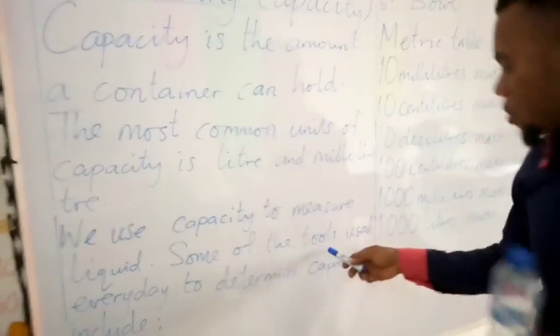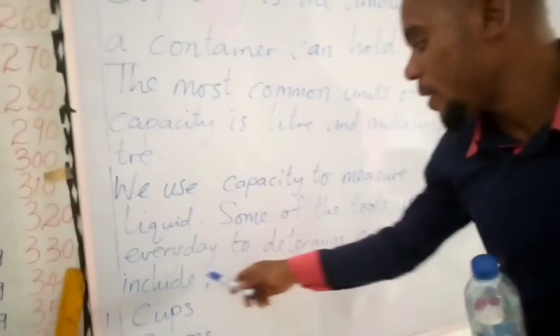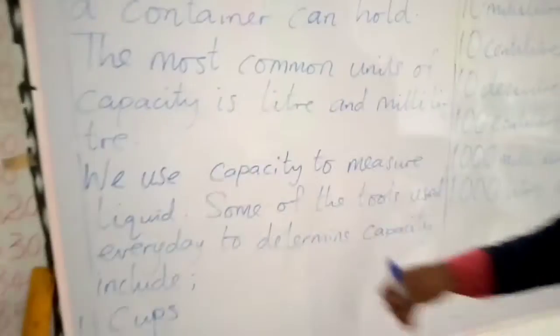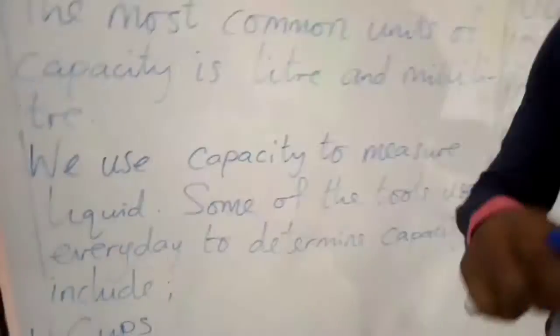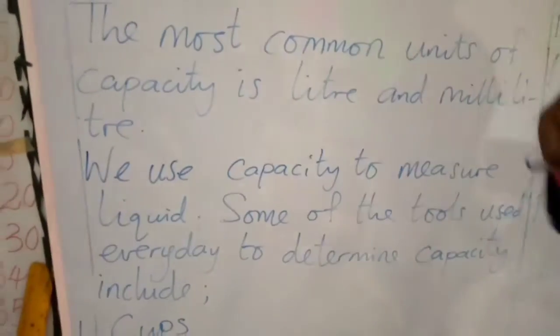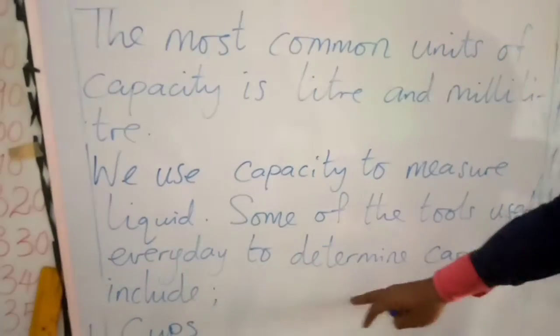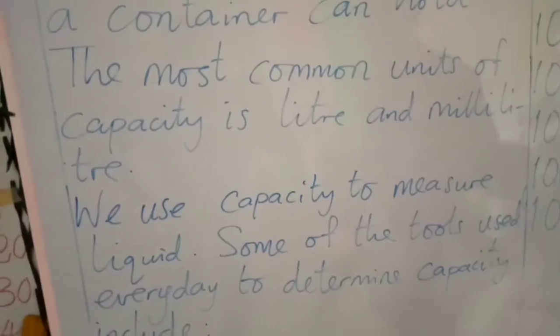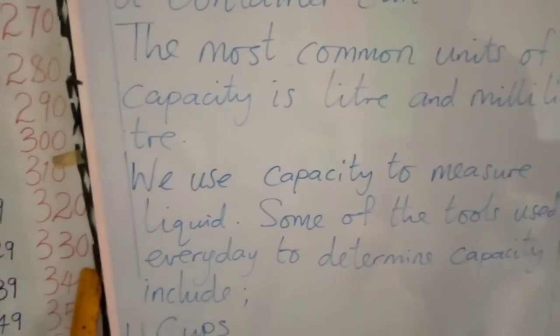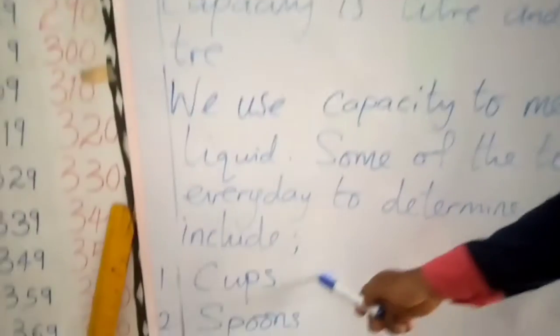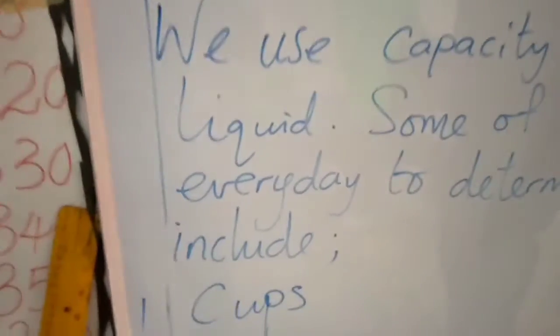Some of the tools used every day to determine capacity include, this is one of the tools. You know them all, but we'll be listing them. Number one is cups. You take a cup of tea, you put your tea in your cup and you take it.